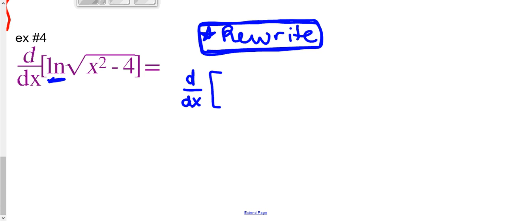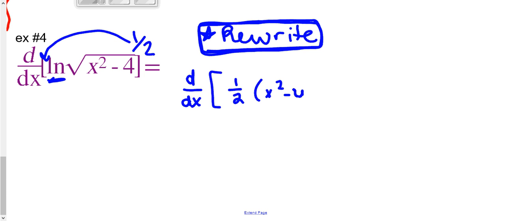But remember, a square root can be a 1/2 power, and with logarithms, powers can move to the front. So this is just 1/2 times the ln of x squared plus 4.